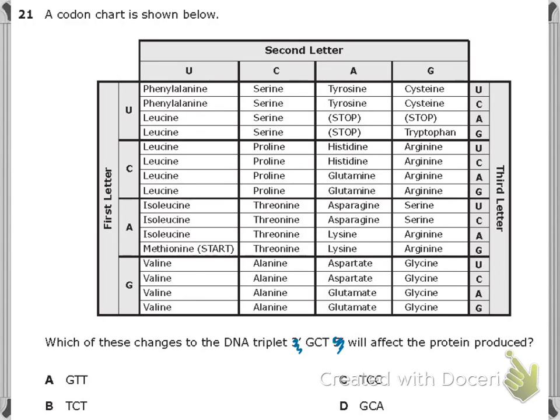If you see a question like this on your test, just look at those 3 letters, because these are the 3 letters of the DNA triplet that are coding for a certain amino acid that is going to make up part of a protein. Your DNA has these nucleotides, A's, T's, G's, and C's, and they are a code.